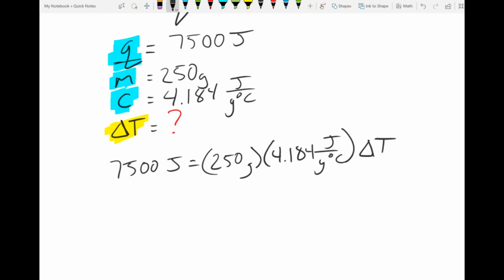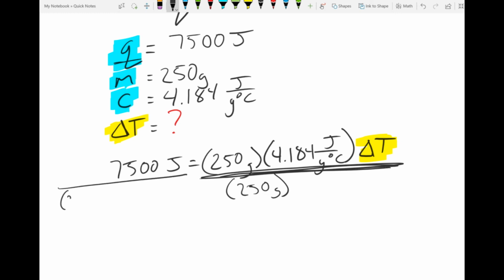We're actually going to need to find delta T on its own, which means right now, while we're looking at delta T, it's being multiplied by the 250 and also by the 4.184 specific heat of the water, which means if we want to undo all of that and get delta T on its own, we're going to need to divide by 250 grams on both sides, sorry.